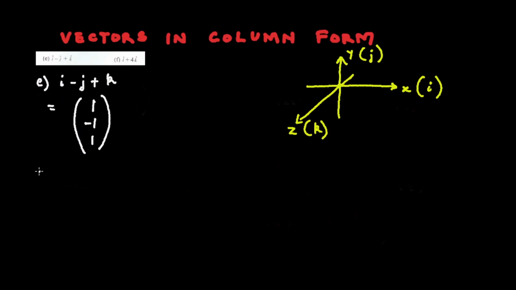If we take the same exercise to F, yakati I plus 4K. Remember the order: I, J, K, X, Y, Z. This is the order.